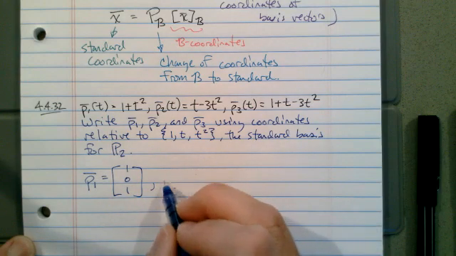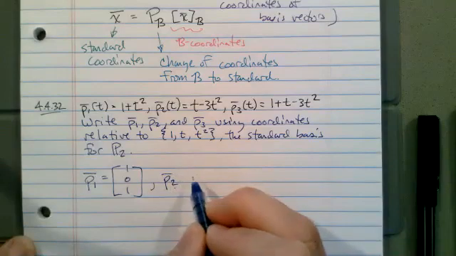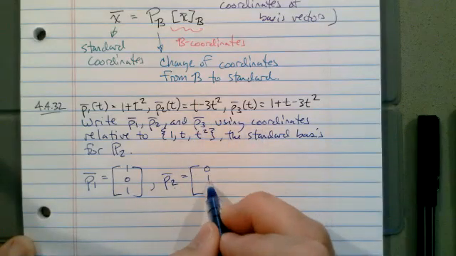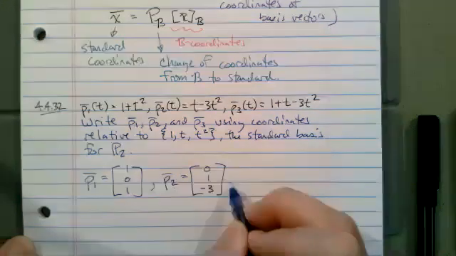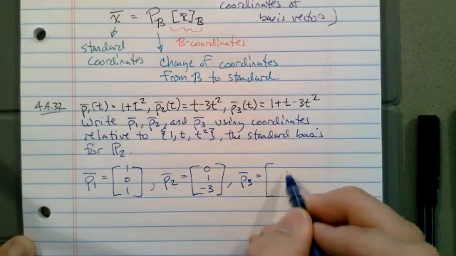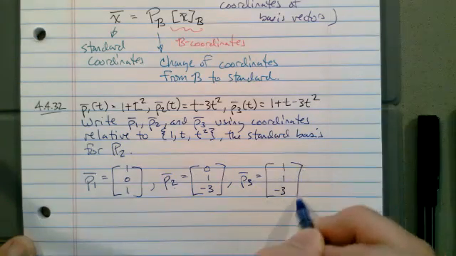The coordinates of P2 relative to the standard basis will be 0, 1, negative 3. And the coordinates of P3 relative to the standard basis are 1, 1, negative 3.